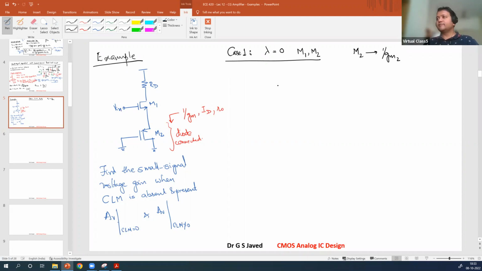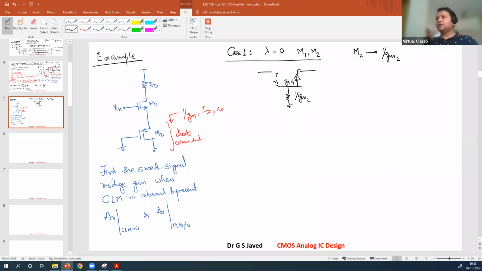How does that look? Gate, drain, source. At the source we have 1 over gm2 impedance. This is V1. gm V1. Which gm will you say? gm1. Then lambda is equal to 0, so no r0.